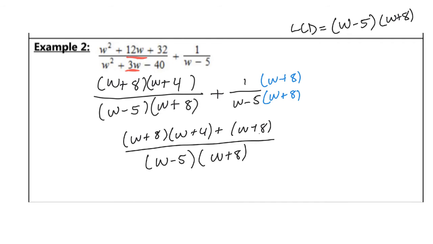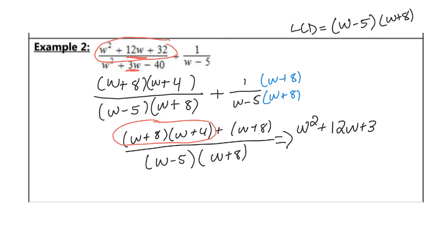So let's change this back to w squared plus 12w plus 32, and then add the w plus 8 to it and see if we can factor that again. So w squared plus 12w plus 32 plus w plus 8, and that's all over our LCD, w minus 5 times w plus 8.